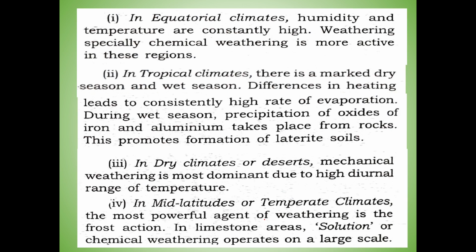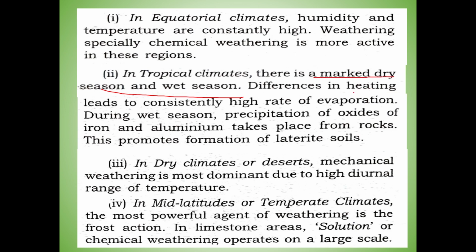Now let us learn about the regions. In equatorial climates, humidity and temperature are constantly high. Weathering, especially chemical weathering, is more active in these regions. In tropical climates, there is a marked dry season and wet season, that is monsoon, especially in monsoon climates.